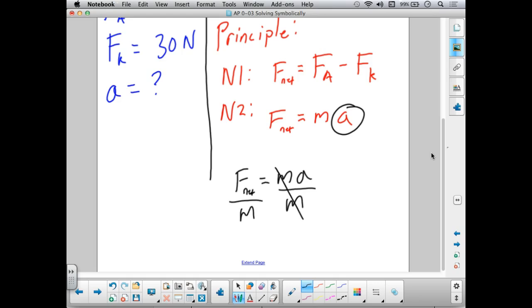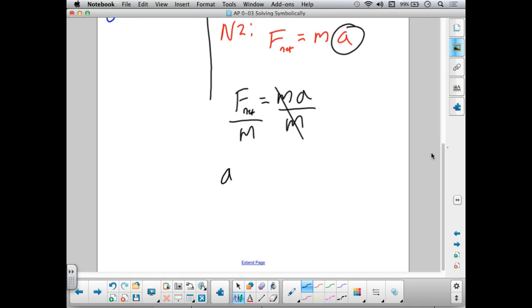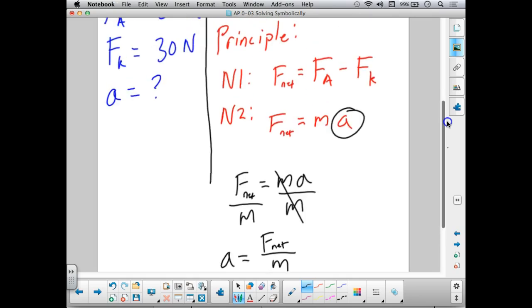I get to cancel those out, and I'm going to end up with the acceleration equals the net force divided by the mass. Now the thing is, I don't know the net force yet either, but I do have a statement from Newton's first law that lets me put the net force in terms of known things. I do know what the applied force is, and I do know what the frictional force is.